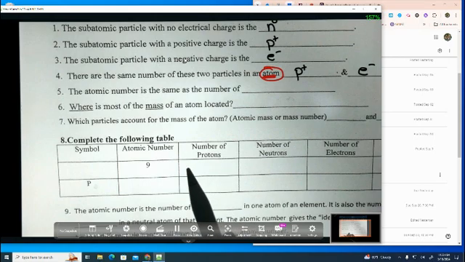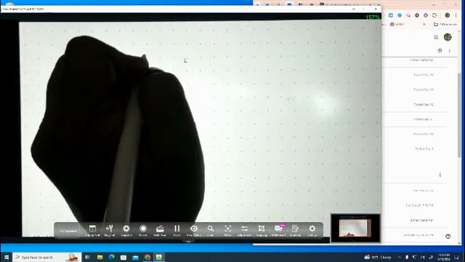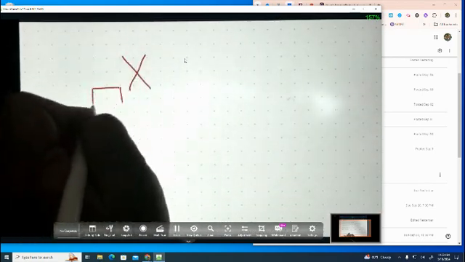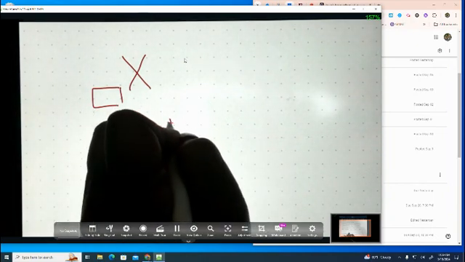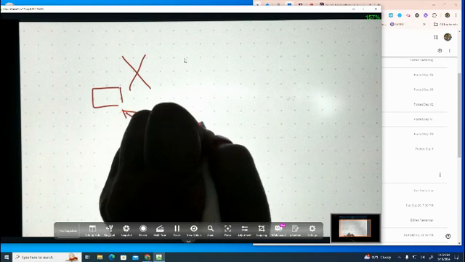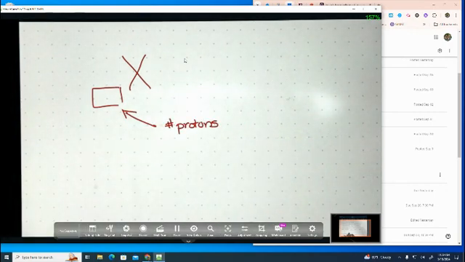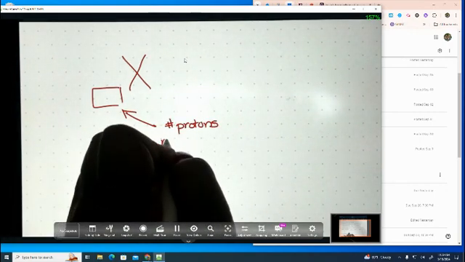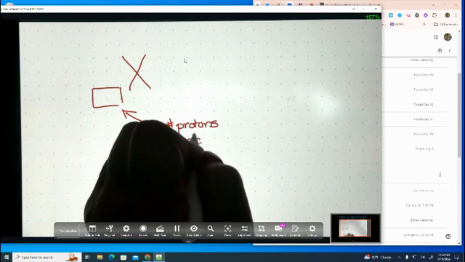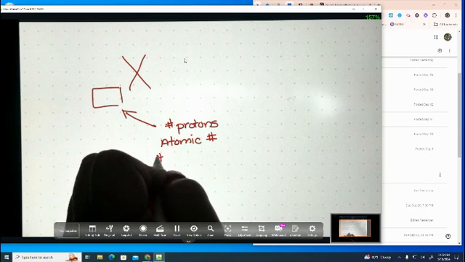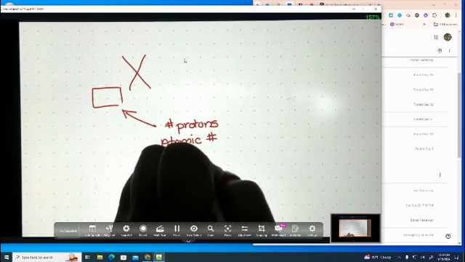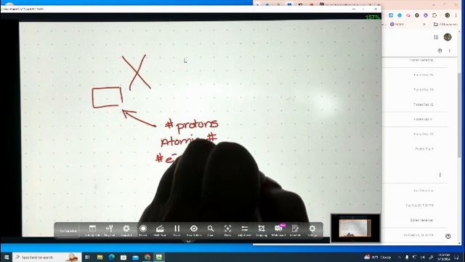Also remember, this is just a kind of a review, when we do atomic notation, this number down here stands for the number of protons. What else? Atomic number. Good job. Number of electrons in a neutral atom.